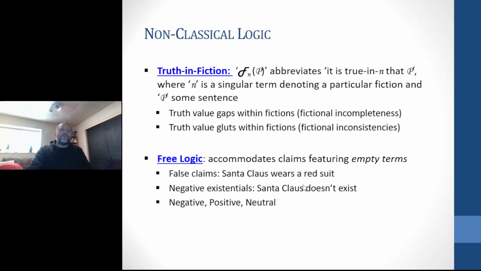And finally, we have free logic, which targets the empty names puzzles we talked about with direct reference theory. Free logic tries to come up with ways to allow for empty terms. There are various formulations here, and I've got some links if you're interested. They're very cool, and a lot of fun to play around with.